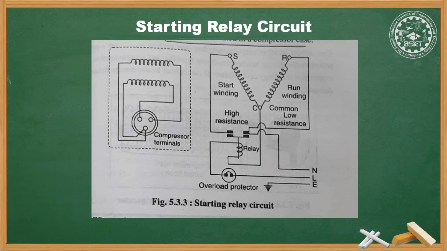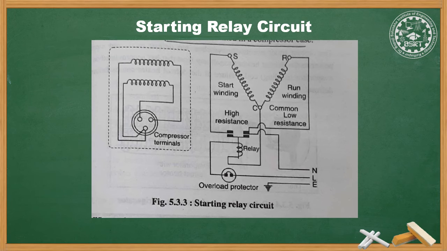When the thermostat is closed, the compressor attempts to start by receiving a large amount of current through the run winding and the relay coil. This large current flows through the relay coil, developing a magnetic field. Because of this, the start contact lifts and closes, energizing the start winding.